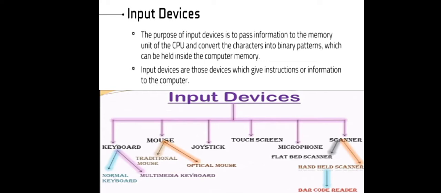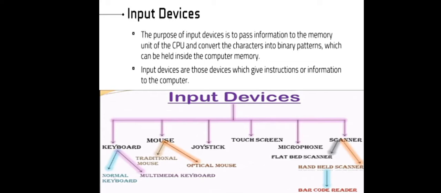You see in tabular form the devices which are used as input, like keyboard, mouse, joystick, touch screen, microphone, scanner. Touch screen is also used as an input device because we touch the screen to feed the data to the computer or phone, whatever device or component we use.